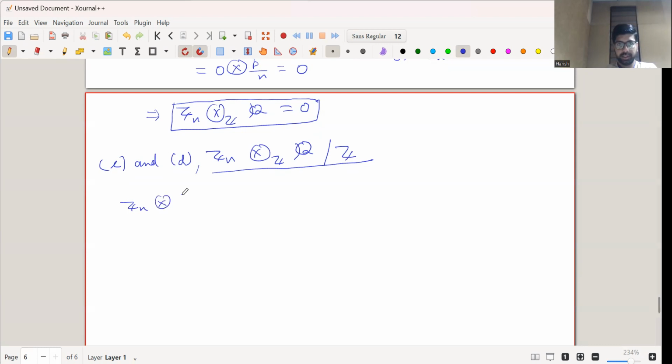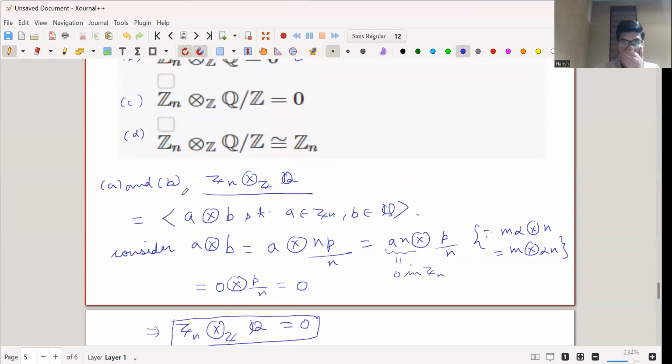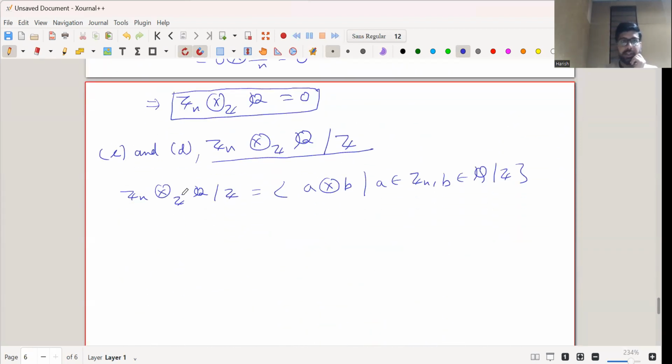We know that Zn tensor with Q modulo Z is being generated by elements of the form A tensor B, such that A is inside Zn and B is inside Q modulo Z. This is the generating set. I should try not to write like that, because we are using it for modulo also.